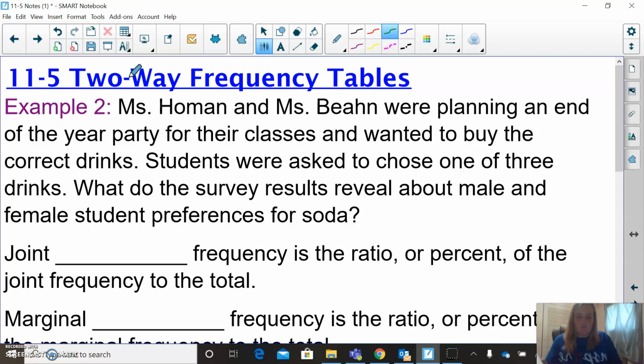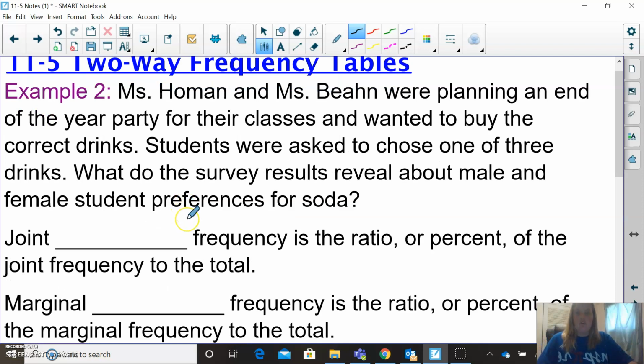This summer, Miss Bean and Miss Holman were planning an end-of-the-year party for their classes and wanted to buy the correct drinks. Students were asked to choose one of 3. What do the survey results reveal about male and female students' preferences? Okay, so joint relative frequency is the ratio or percent of joint frequency to the total.